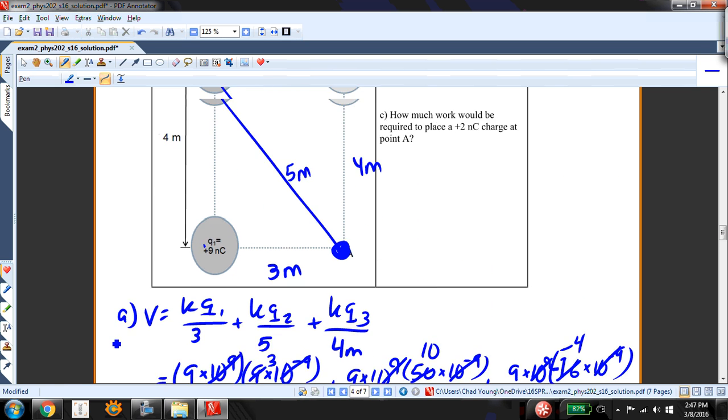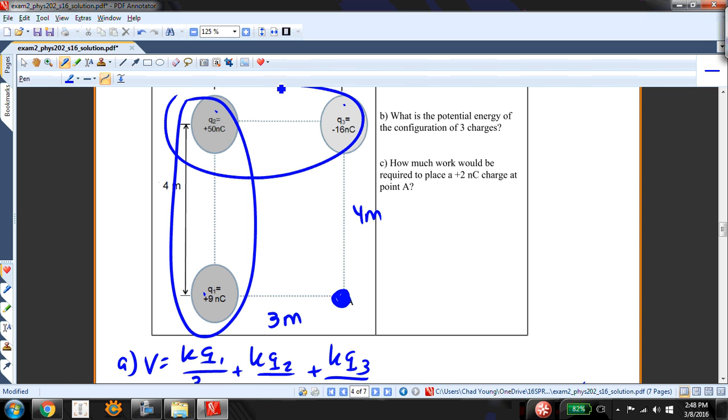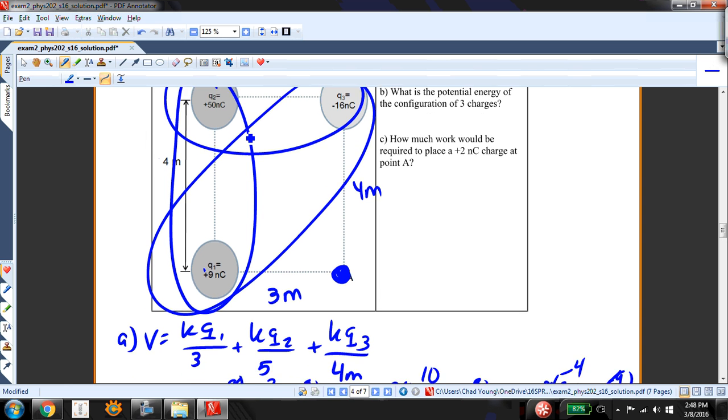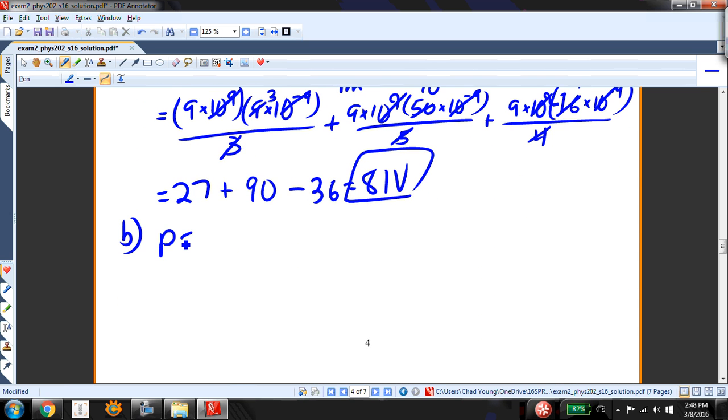For part B, you were supposed to find the potential energy for each of these pairs. So I find the potential energy for these two pairs, potential energy for these two pairs, and then the potential energy for these two pairs. I'll just do one of those. Let's just do the potential energy for Q1 and Q2.